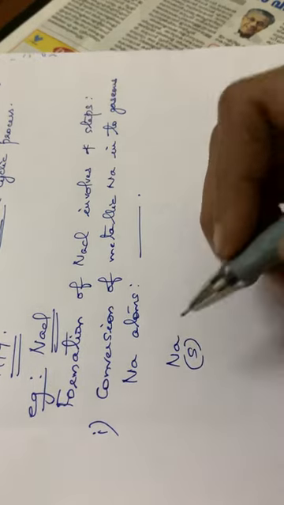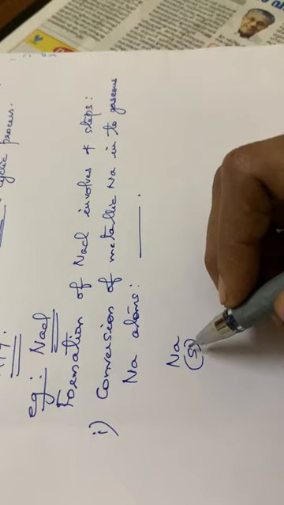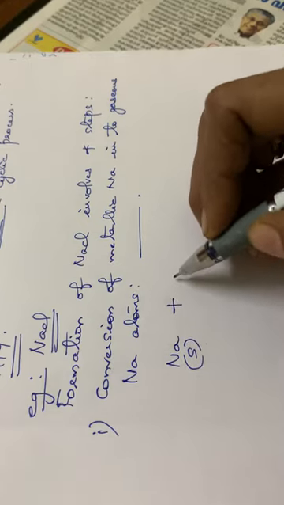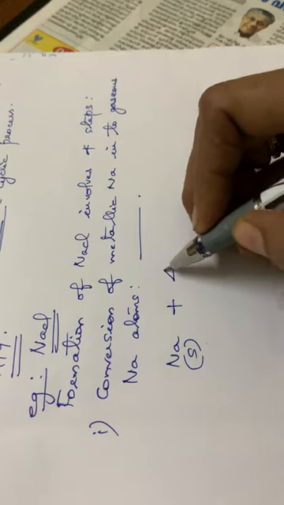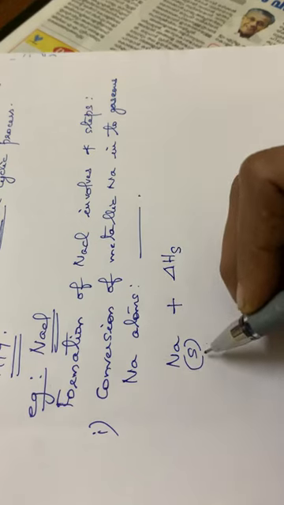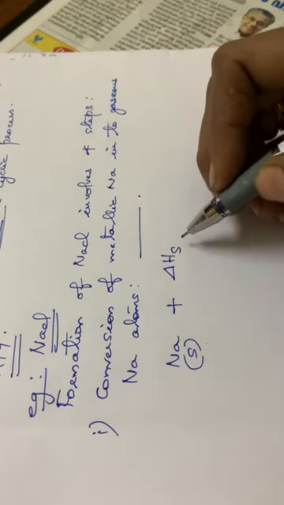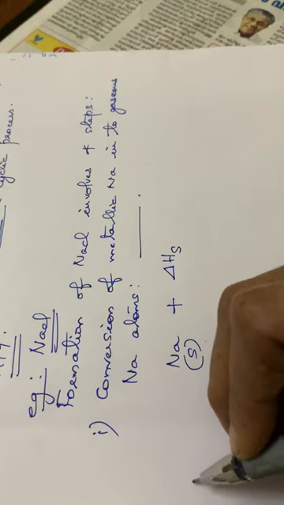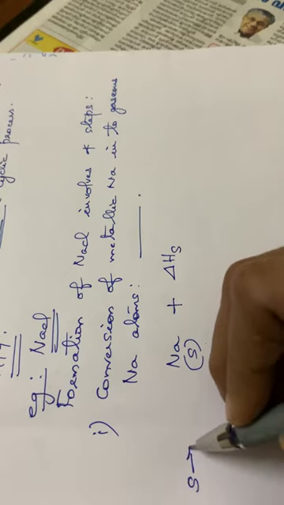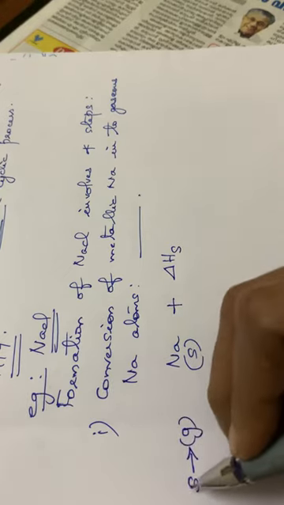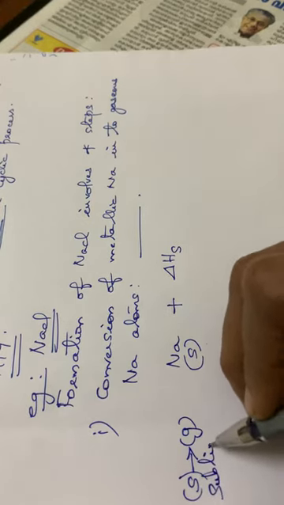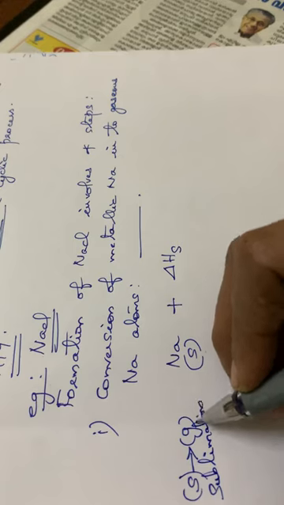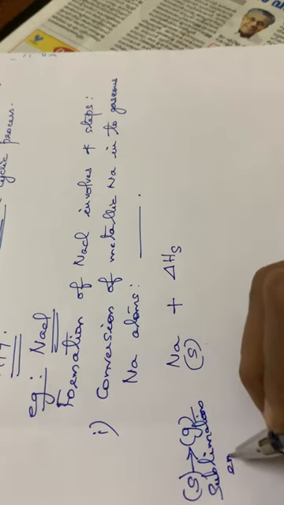Some energy is needed to convert this solid sodium into gaseous sodium atom. For the conversion of a chemical substance from the solid state to the gaseous state, the energy used is called the sublimation energy, isn't it?